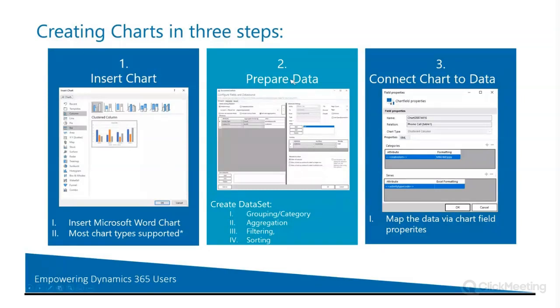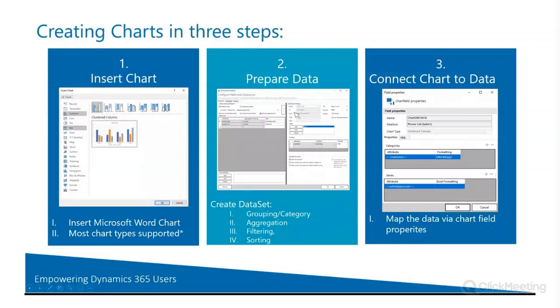The next thing we're going to do after we've inserted our chart is prepare our data. Basically, we're going to be using the relationship designer to actually create our data set. That's grouping in categories, doing aggregation, filtering, sorting. All that is done here in the relationship designer, so you're going to be preparing your data there.